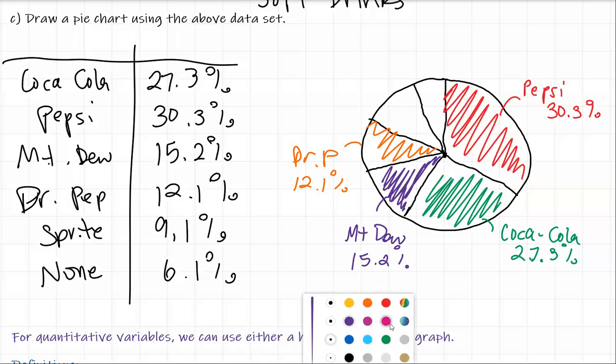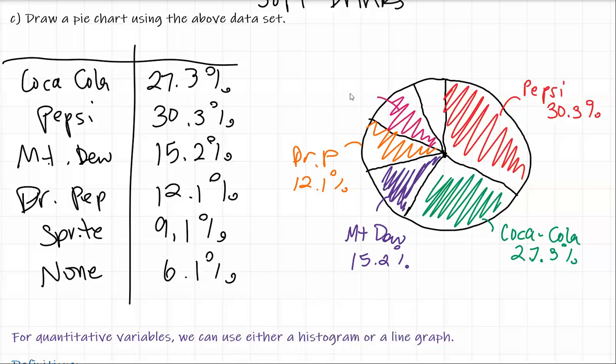No big deal though. Sprite at 9.1%. Ooh, and then I'm going to use that rainbow color from the palette down here. That looks pretty for none. At 6.1%.